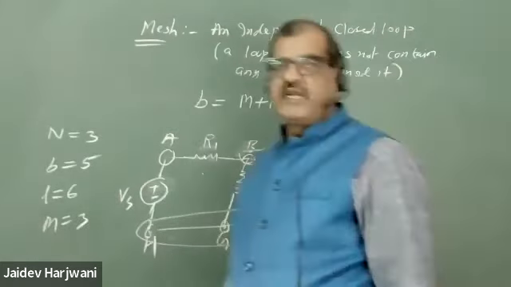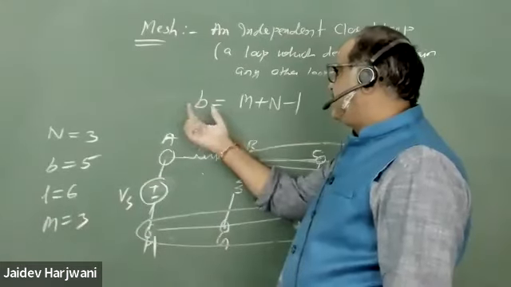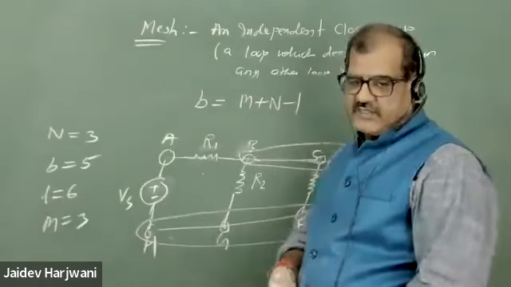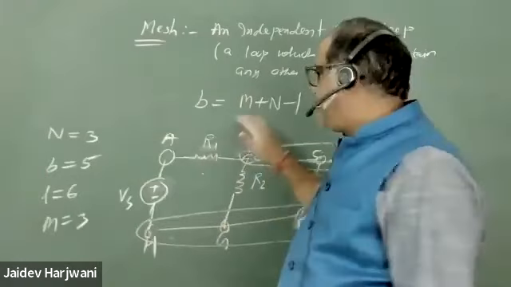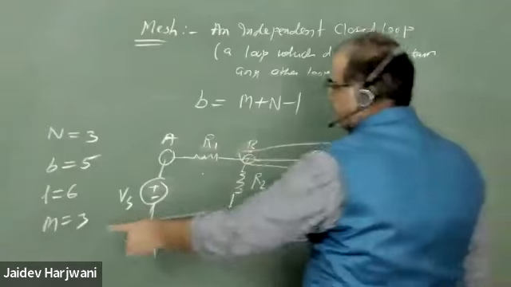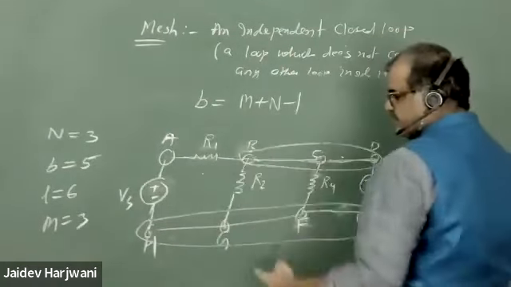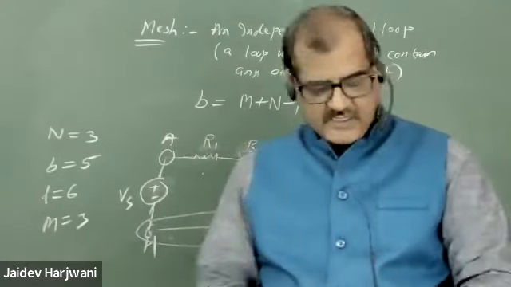If you can calculate the number of meshes and nodes, you can find the number of branches. Similarly, out of these 3, any 2 quantities let you find the third. For example, here meshes are 3, nodes are 3, so 3 plus 3 minus 1, so branches are 5. For any network we can apply this relation.